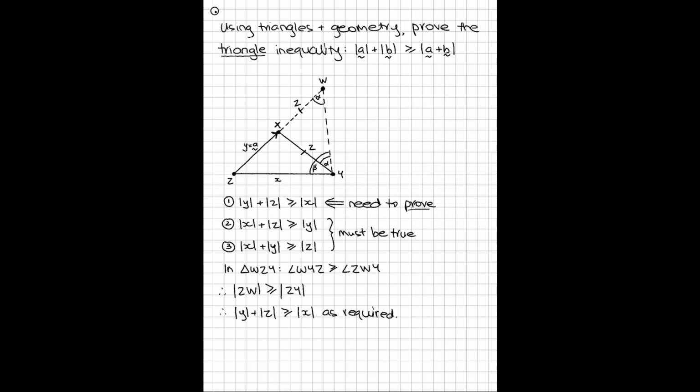And then if I think about side z as being vector B, the vector going from x to y, then to go from z to y, which is side x, is the equivalent of vector A plus vector B.